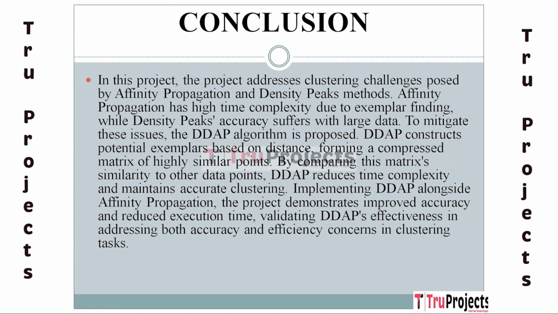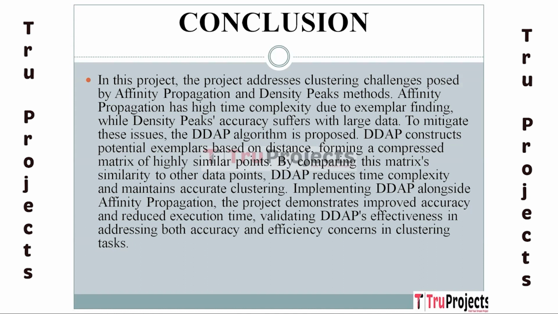this project solves the clustering issues given by the affinity propagation and density peaks approach due to the example finding. Affinity propagation has high temporal complexity, whereas density peaks accuracy declines with massive data. The DDAP algorithm is intended to address these concerns. DDAP generates prospective exemplars based on distance, resulting in a compressed matrix of points with strong similarity.